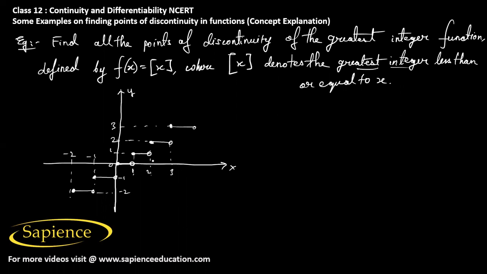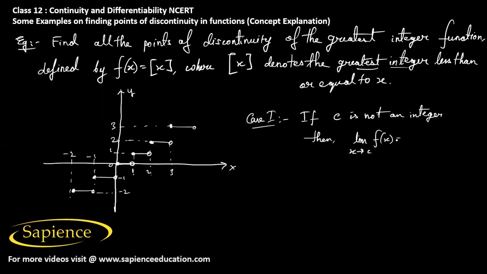So now here we can see the case one we can take. Case one is that if c is not an integer, then limit x tends to c f of x, which is equal to limit x tends to c bracket x, will be equal to f of c, which is equal to bracket of c, which is c.